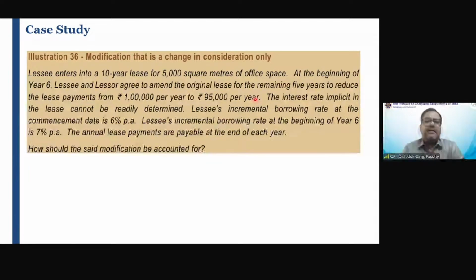Lease liability is decreased by 50,000 rupees, and we have the carrying value of ROU at only 40,000 rupees. I have debited lease liability by 50,000, but I have only 40,000 rupees of ROU.